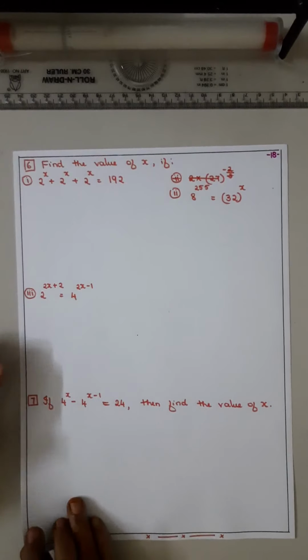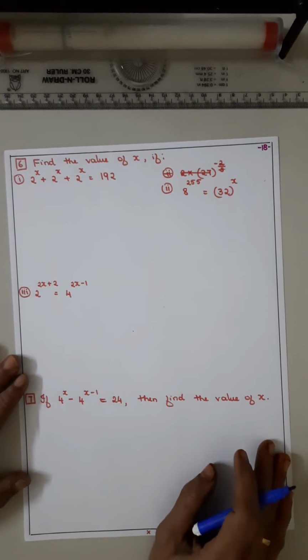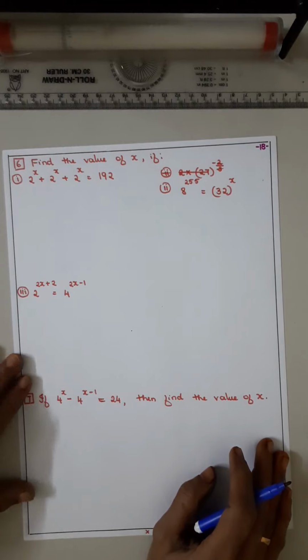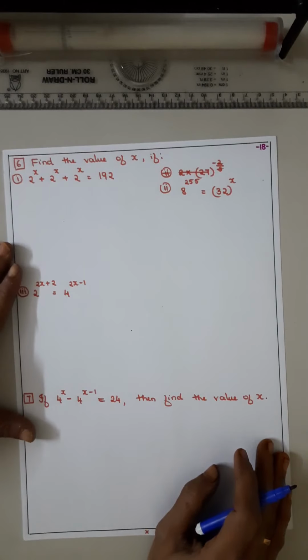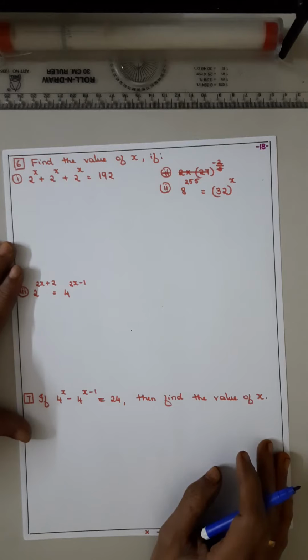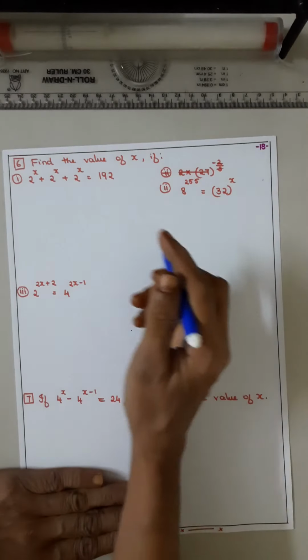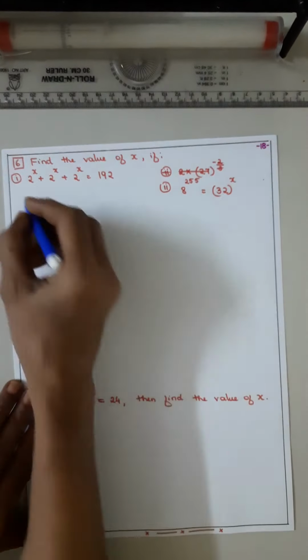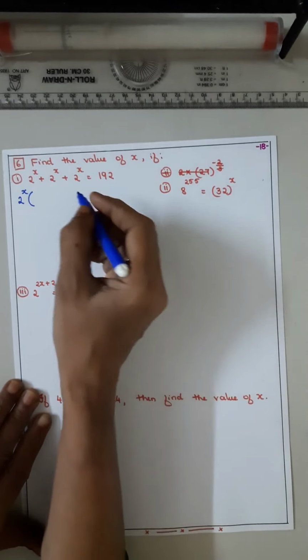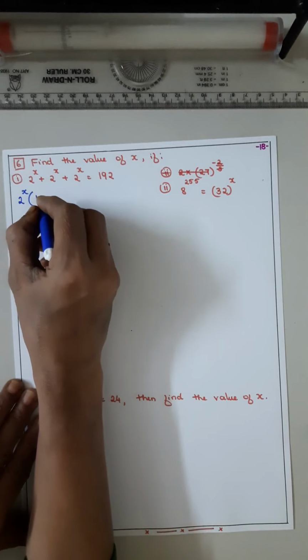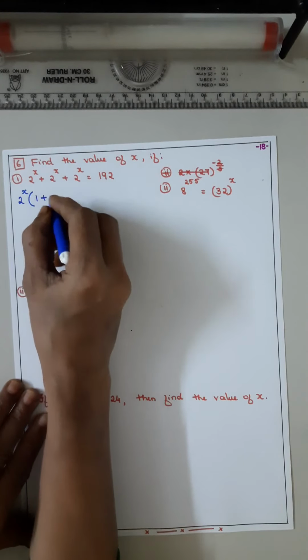Now coming to the question number 6. Find the value of x. Okay. Now here 2 to the power x, 2 to the power x, 2 to the power x, addition in between is equal to 192. So directly you can't do. So what you do is 2 to the power x, take it common. Okay. So here it will be 1, here it will be 1, here it will be 1, bracket is equal to 192.